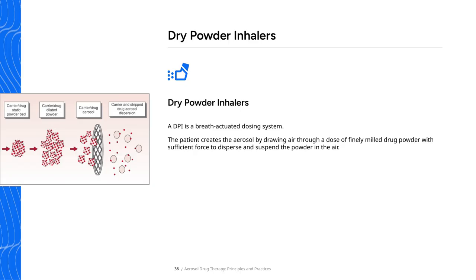This process ensures that the medication is delivered efficiently into the lungs, making DPIs an effective option for aerosol drug therapy. It's important to understand that the patient's inhalation effort is what triggers the release and dispersion of the medication, highlighting the breath-actuated nature of this device.